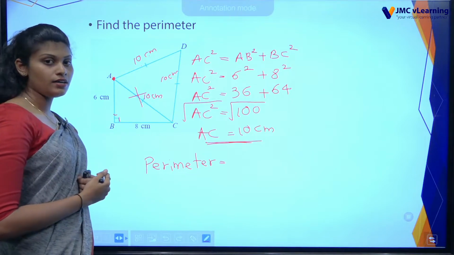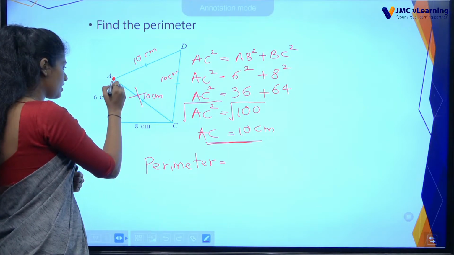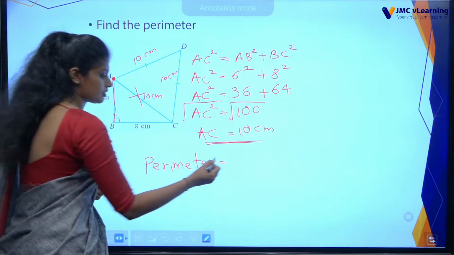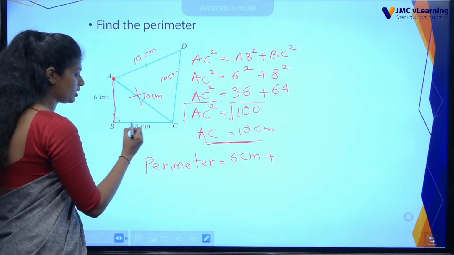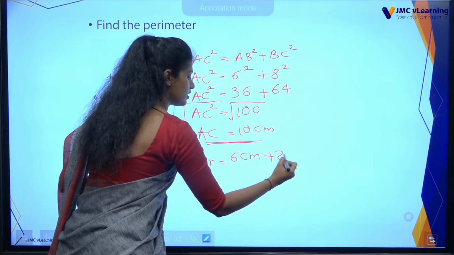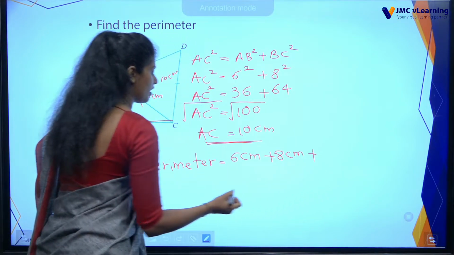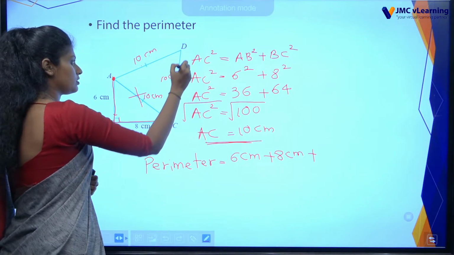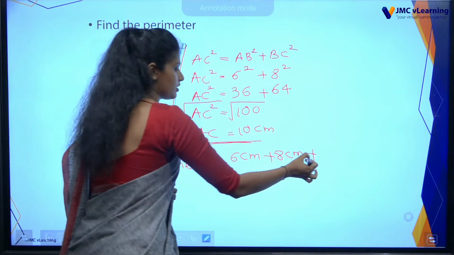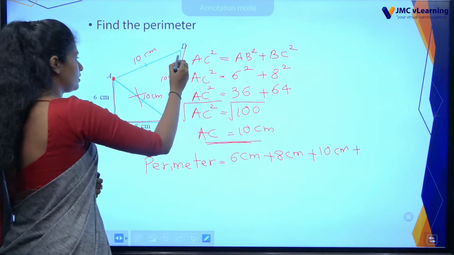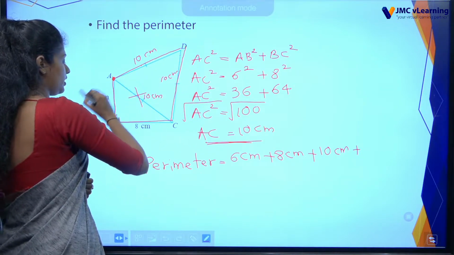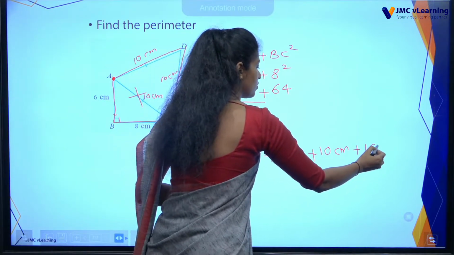We will start from A to B 6 centimeter, add B to C 8 centimeter, add C to D, it is 10 centimeter, and D to A, it's also 10 centimeter.